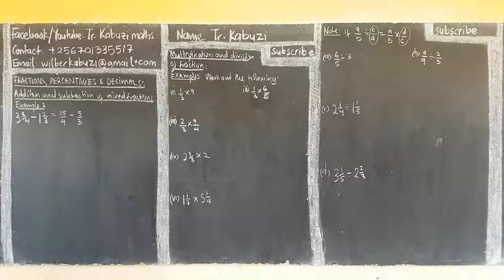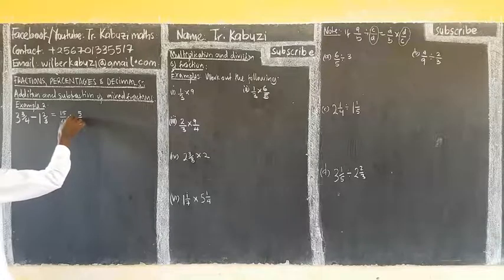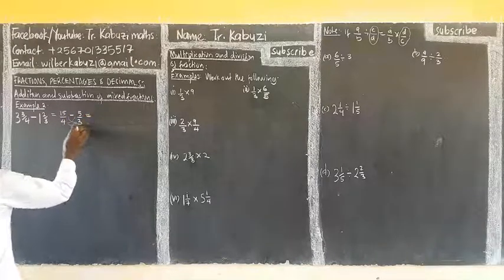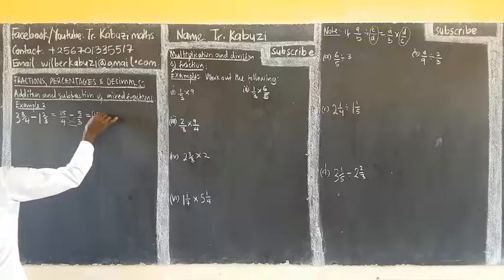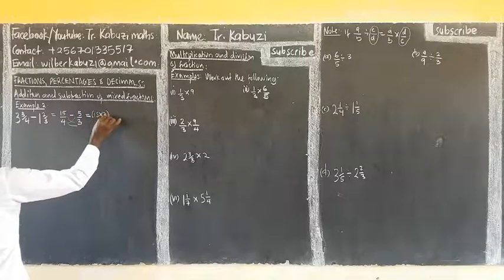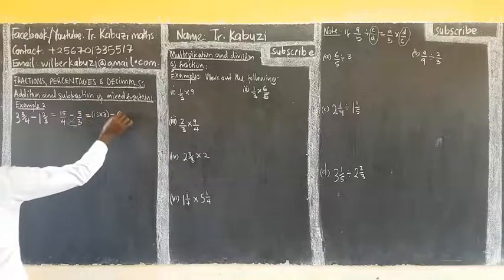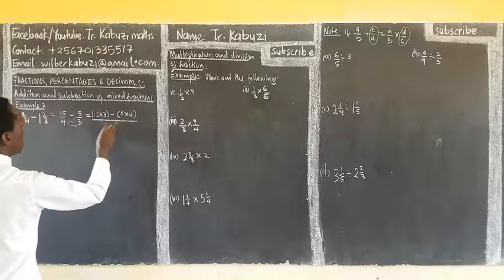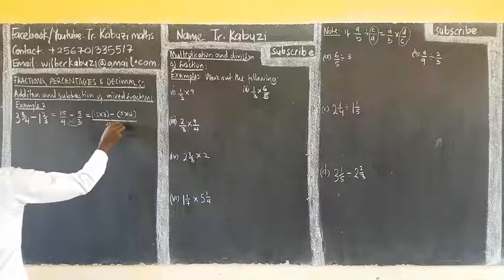And I think you know what will happen here. When you reach here, you either get the LCM or you cross multiply up and down. So you say 15 times 3, then minus 5 times 4, the whole over 4 times 3.